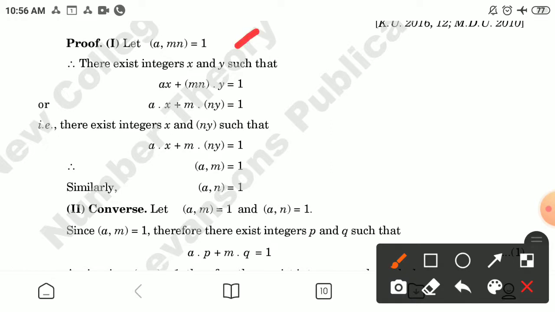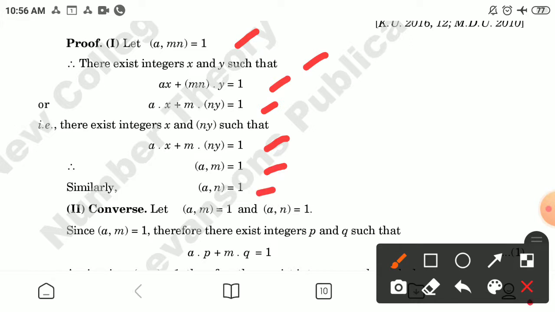Therefore, there exist integers x and y such that ax + mny = 1, or ax + m(ny) = 1. That is, there exist integers x and ny such that ax + m(ny) = 1. Therefore, we can say the greatest common divisor of a and m equals 1. Similarly, the greatest common divisor of a and n equals 1.